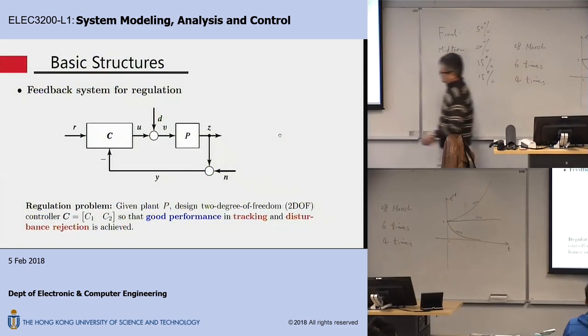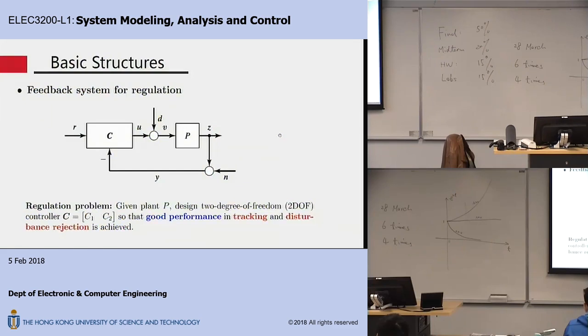Feedback system for regulation again, and the plant becomes like this. The disturbance now is split into a disturbance here and a kind of noise there, and the key difference is that now C, I use a bold letter C to signal a two-degree-of-freedom controller, basically. You have two inputs, one output.